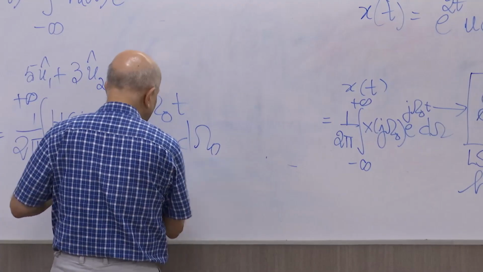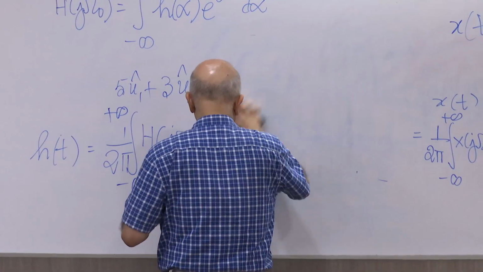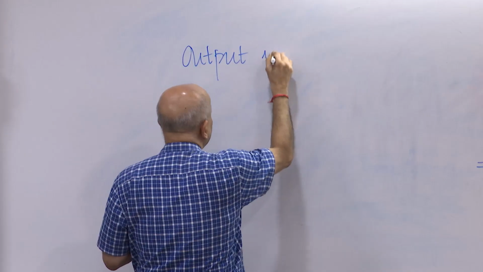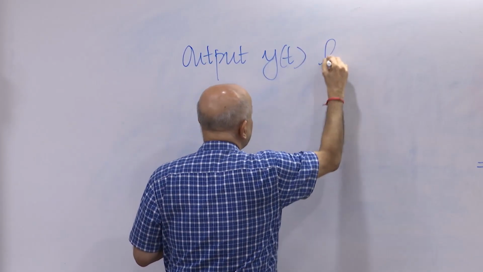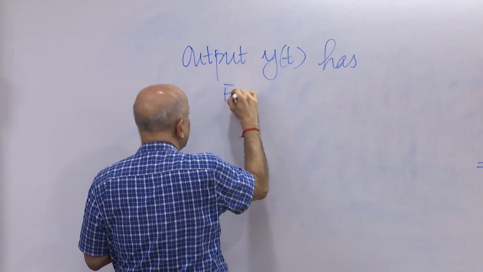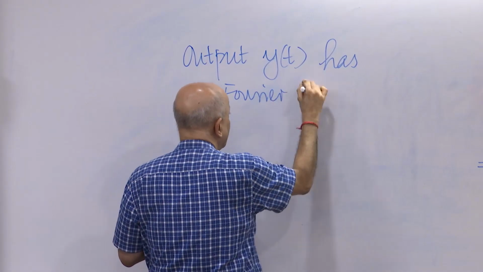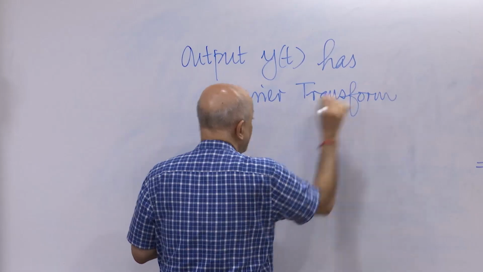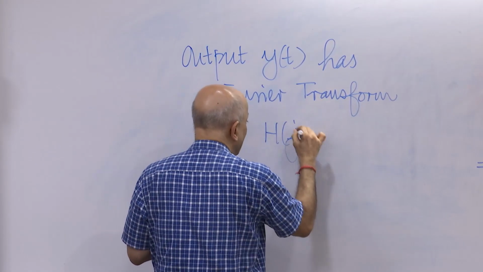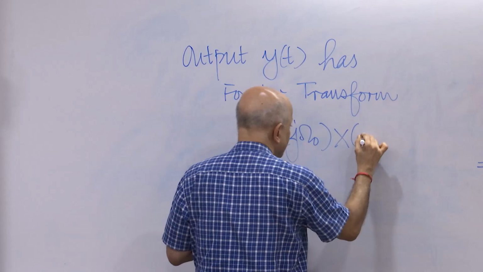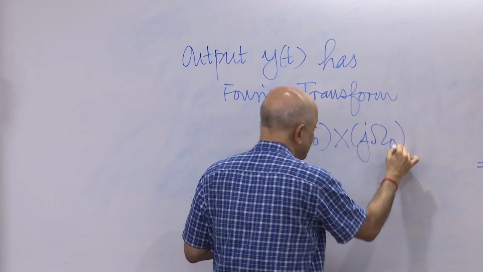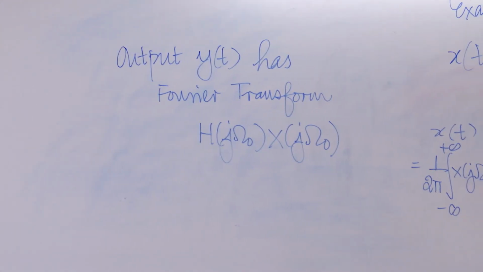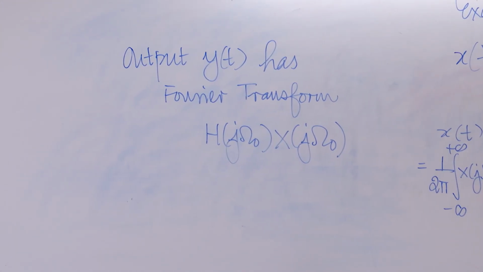In fact, this also has a simple physical meaning. So, the output y(t) has the Fourier transform given by the product. So, what does it mean?